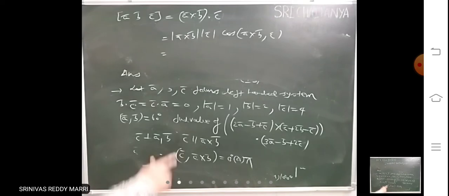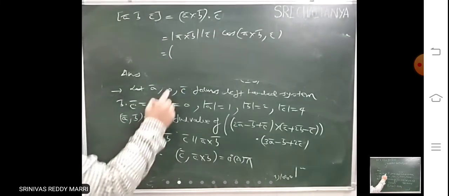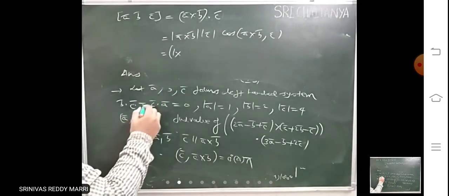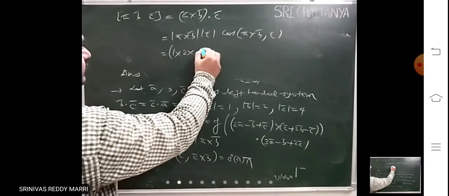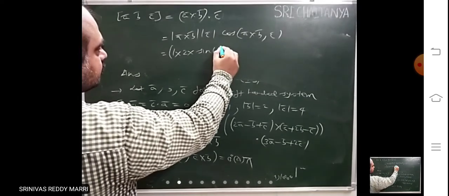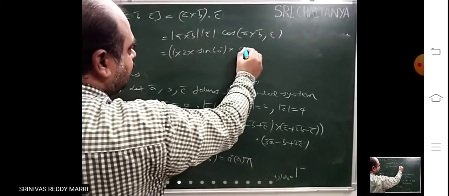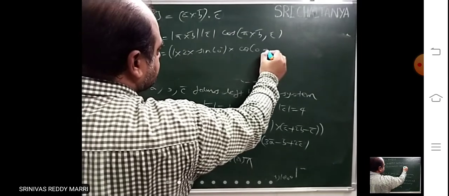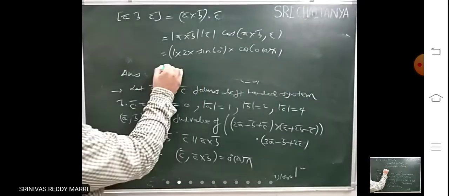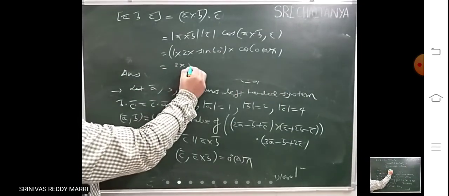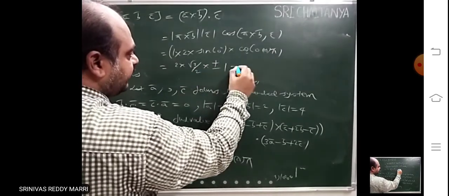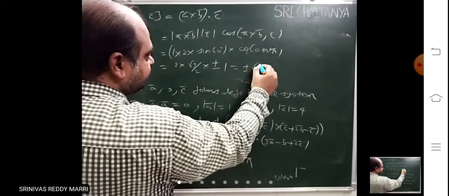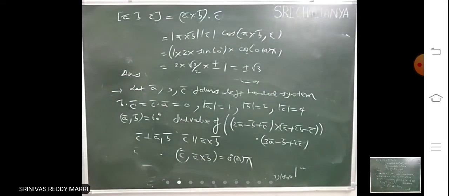So now you can write this one cross product. So modulus A bar 1 into modulus B bar 2 into sine 60 into cos 0 or pi. That means 2 into root 3 by 2 into plus or minus 1. That means what you are getting, plus or minus.